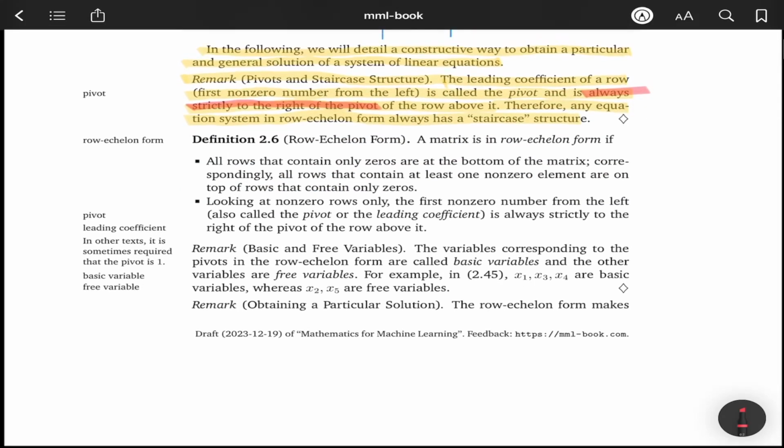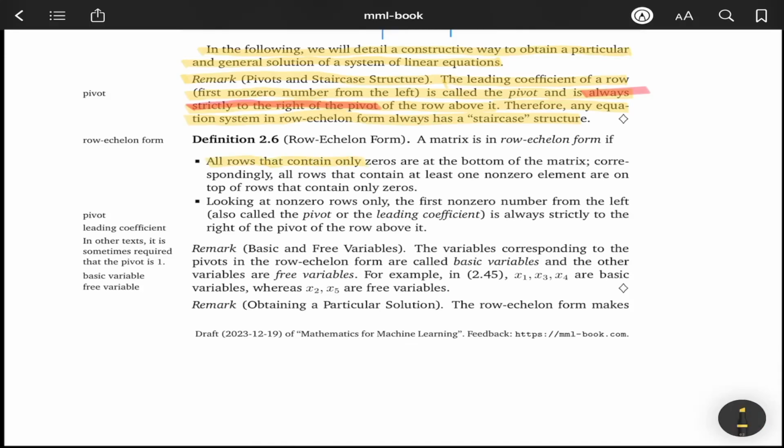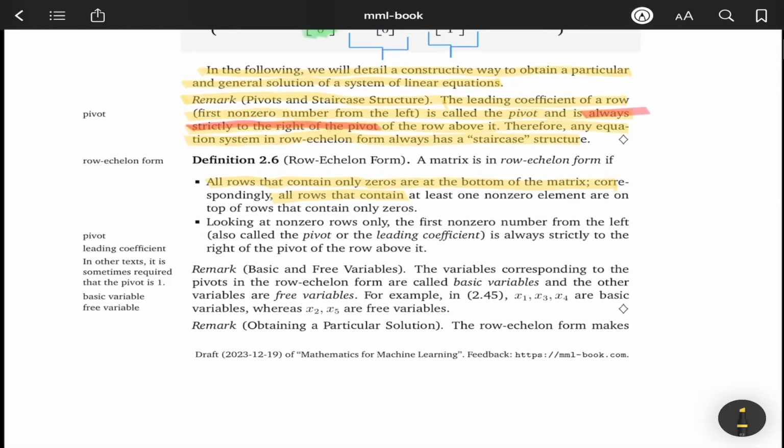Okay, definition 2.6, row echelon form. A matrix is in row echelon form if all rows that contain only zeros are at the bottom of the matrix; correspondingly, all rows that contain at least one non-zero element are on top of the rows that contain only 0. I guess that's what we already had before.